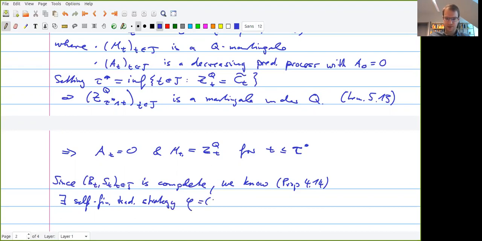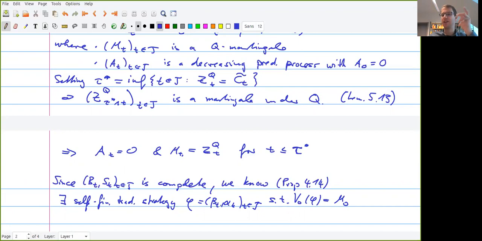phi, so this phi as usual is a two-position strategy, here it's a one-dimensional market, such that, well, at time 0, the initial value is the martingale.